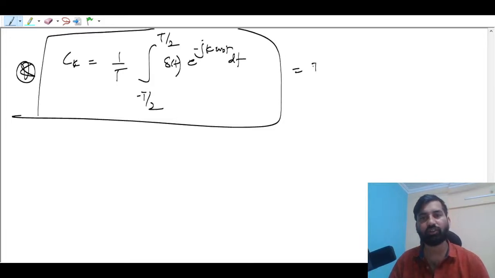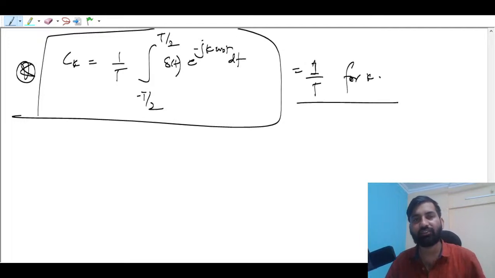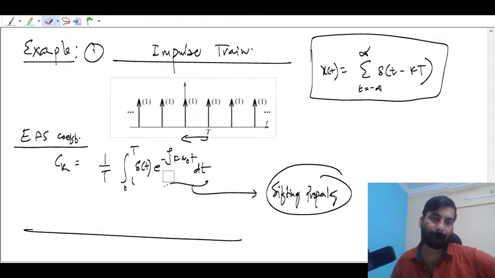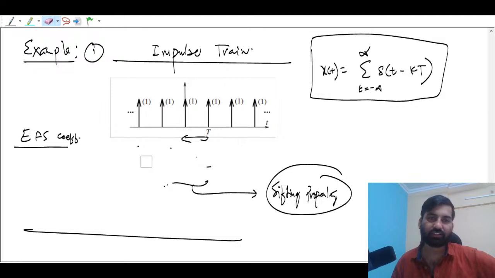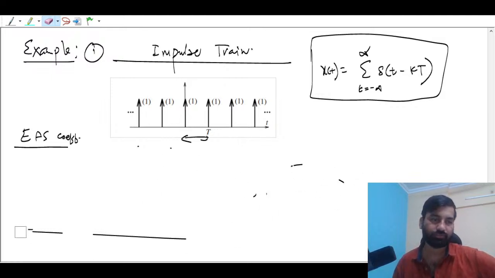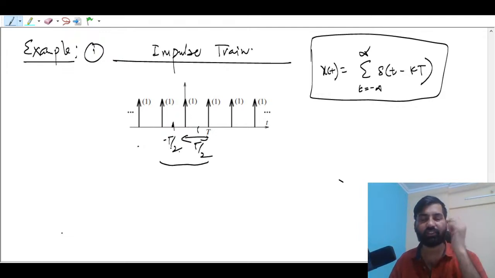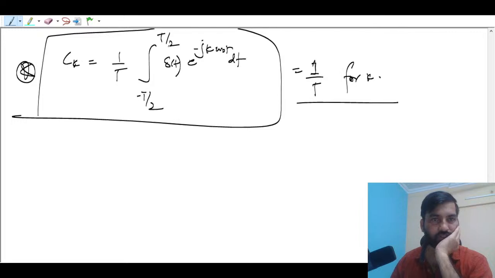The answer is going to be 1 by t only for all k. Better to take that symmetric limit. Your delta(t) exists between these two limits, minus t by 2 to t by 2, so you get 1 by t for all k.